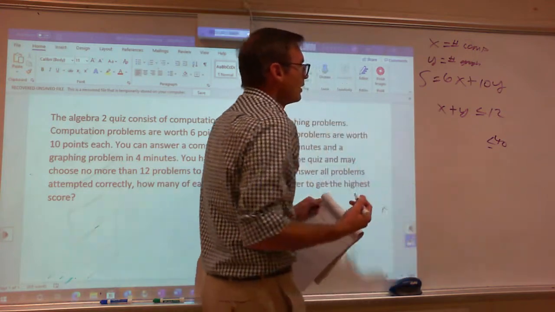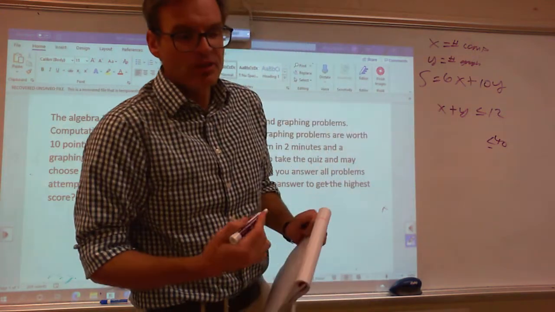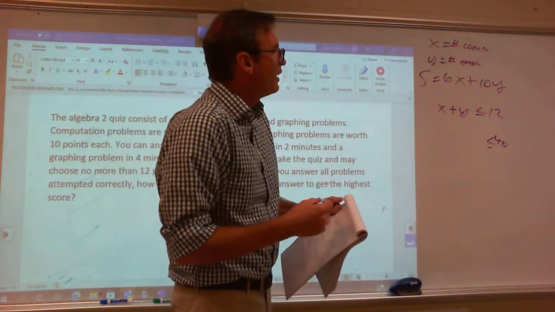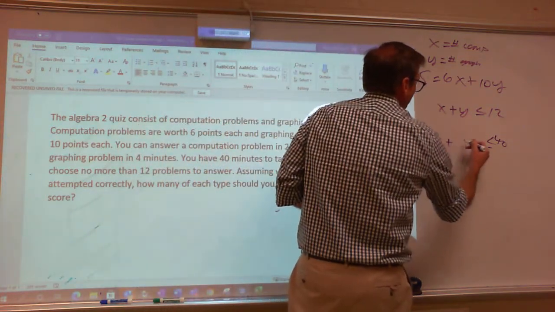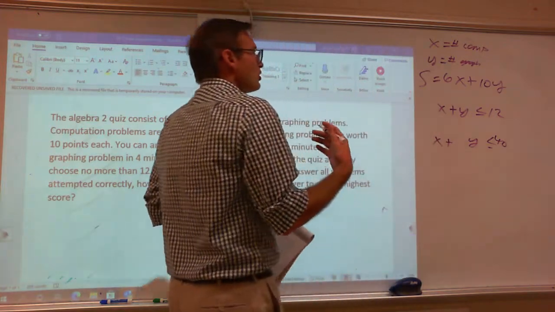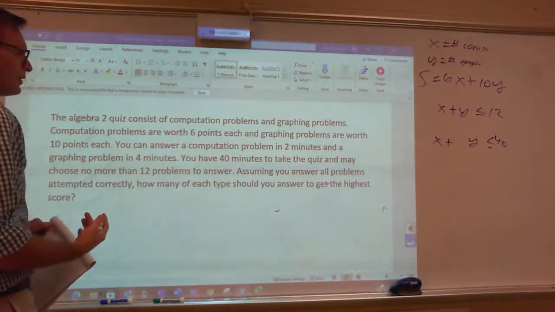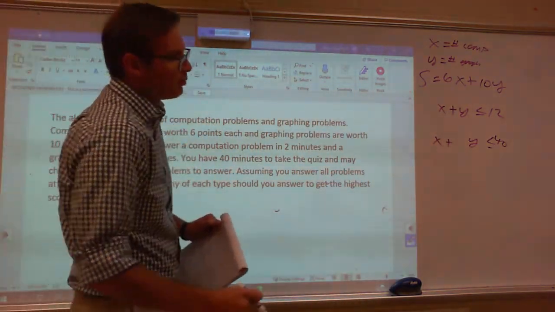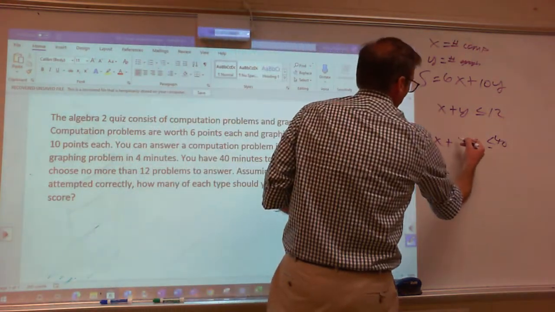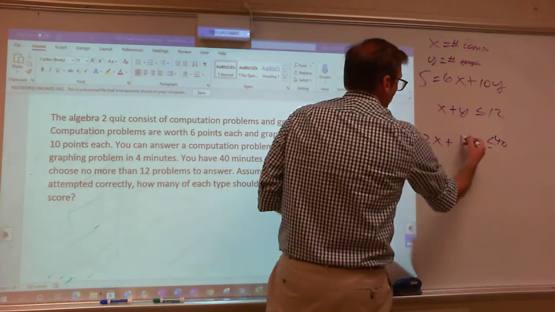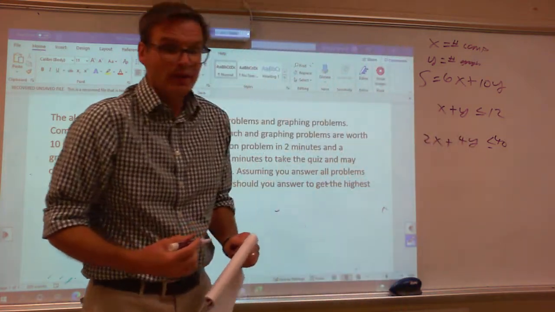Sorry, on the top, what does it say that x equals? A number of computational questions. And then y is going to be the number of graphing questions. So to convert things to minutes, you have to think, well, it takes 2 minutes to do a computational problem, and it takes you 4 minutes to do a graphing problem.